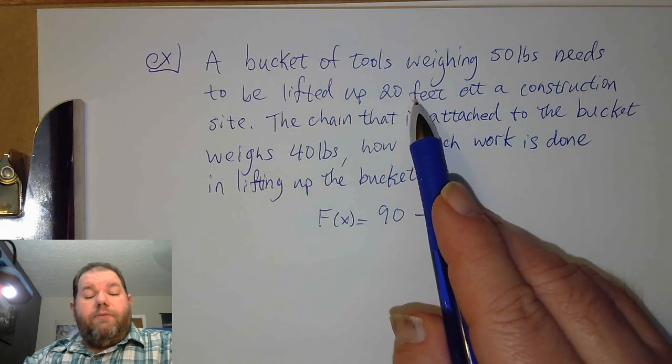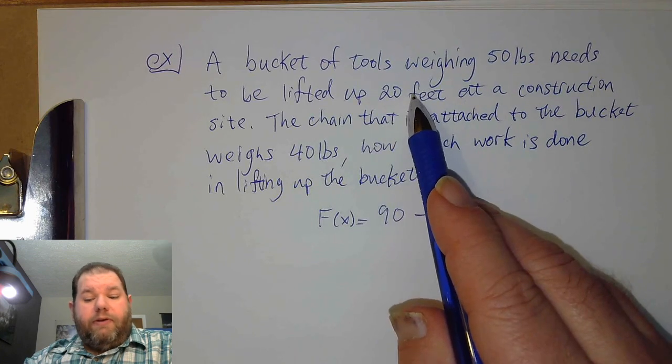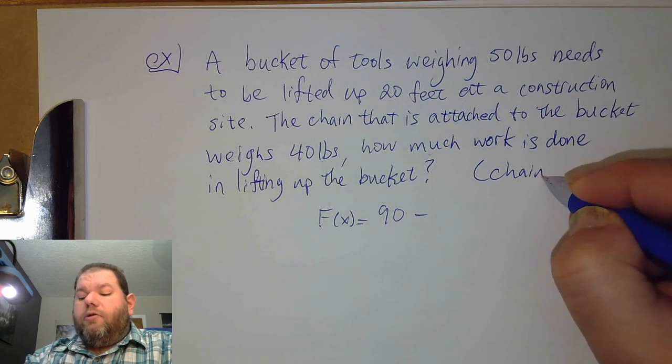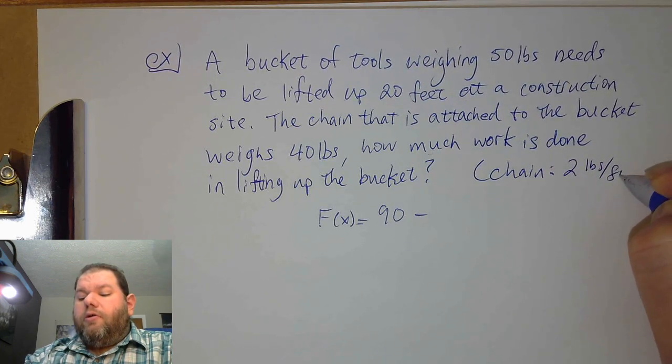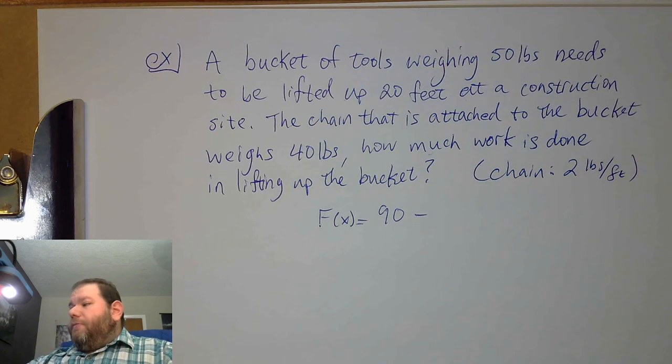That's for 20 feet worth of chain. So that basically means it weighs 2 pounds per foot. So that's important information here. So not quite 90 minus x, it's close.